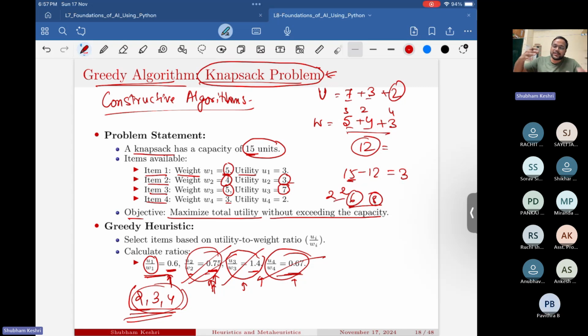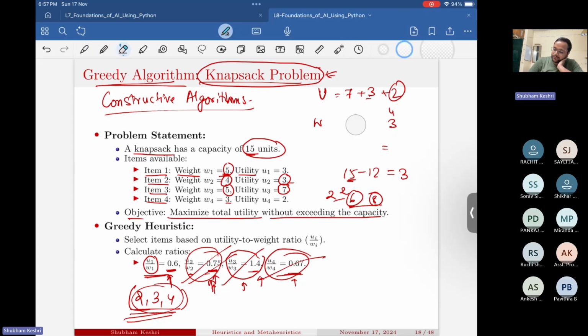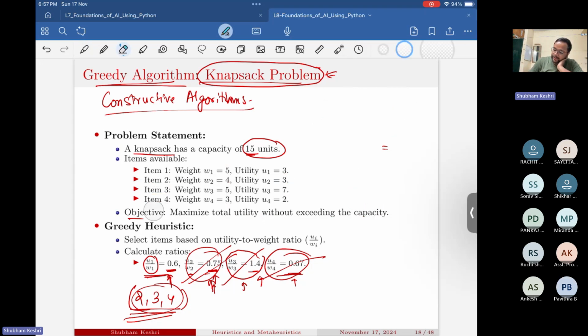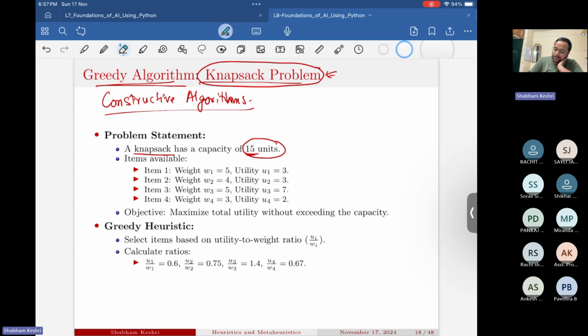So you are actually just greedily picking objects. You're not looking at what may happen if you had not picked one object now and waited for some other object next. So some combinations you are missing. You can think about combining two objects at a time. Over here I am looking at one object at a time and obtaining the utility per weight. I can see two objects at a time. So what is utility 1 plus utility 2 divided by W1 plus W2?